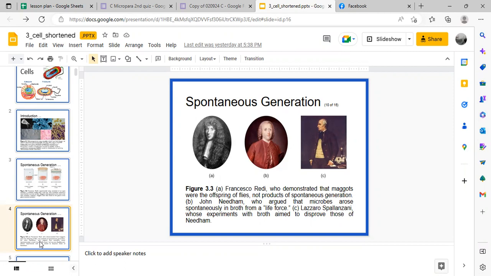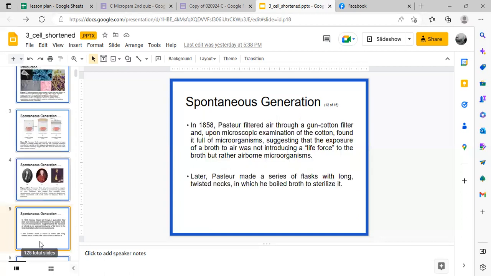So, ginawa niya yung experiment ni Needham, pero sinil niya mabuti yung flask. So, walang microorganisms na nabuhay after he heated it. Pero ang sabi ng ibang scientist, kasi hindi mo binigyan ng air yung microorganisms kaya hindi sila nabuhay. Okay. So yun, hindi pa totally na disprove ni Spallanzani si Needham. Okay? But at least it was an attempt.